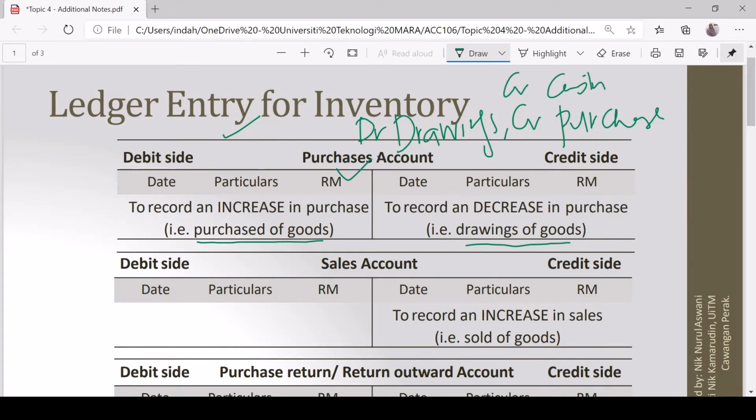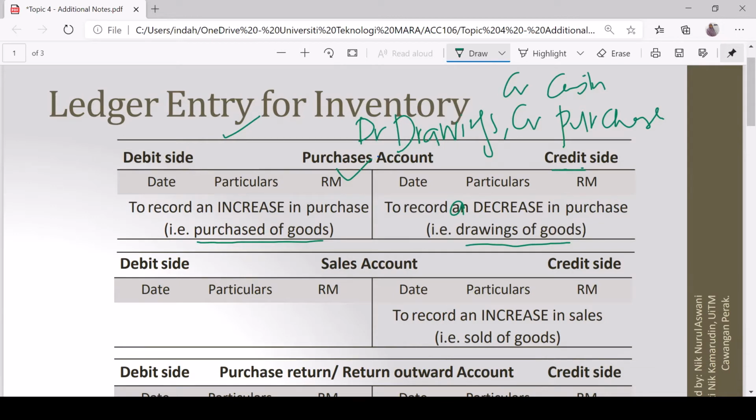Why do you credit the cash account? Because cash is an asset, and the asset will decrease because of that, so you credit the asset account. Which asset account to be credited? Cash. So to record a decrease in purchase, you credit. That is drawing of goods, and then you prepare another account for drawings.